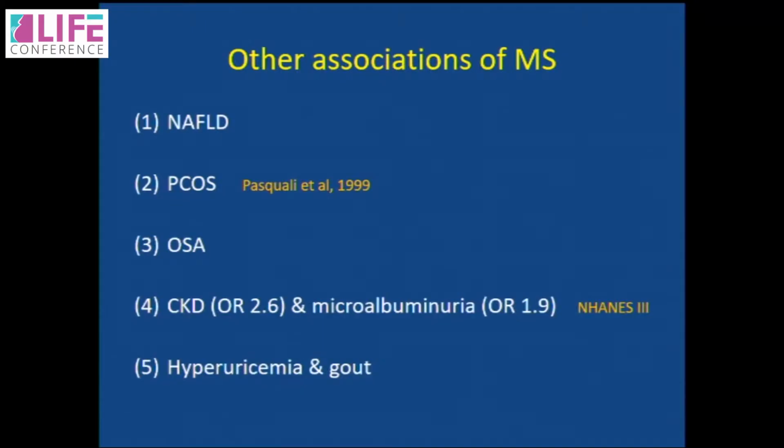So what are the other associations of metabolic syndrome that I haven't listed before? I've listed the key ones here. Non-alcoholic fatty liver disease is a major one. PCOS is something that's very close to all of our hearts, and it was first described back in the 1990s as having a very strong association with metabolic syndrome.